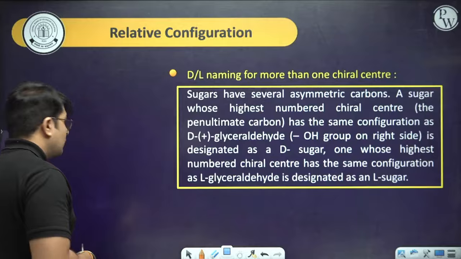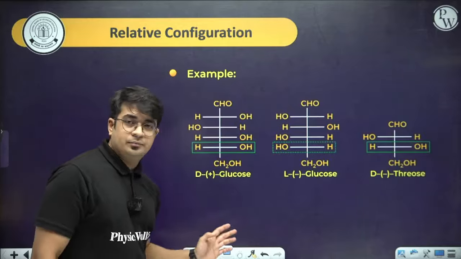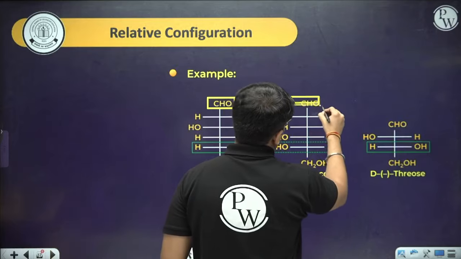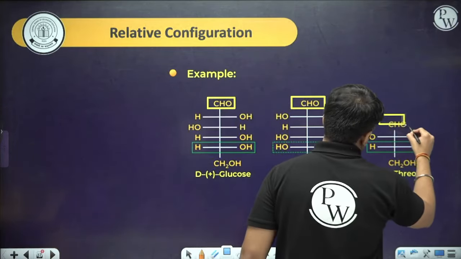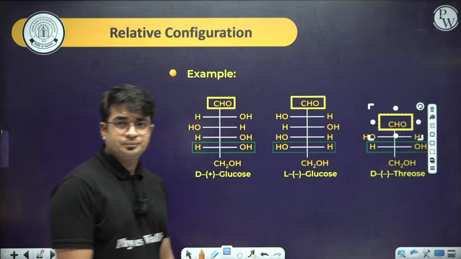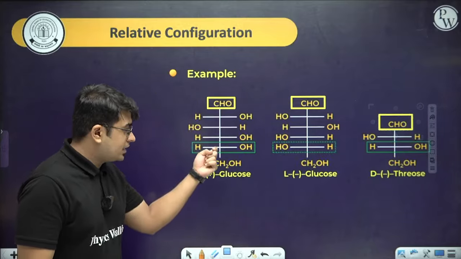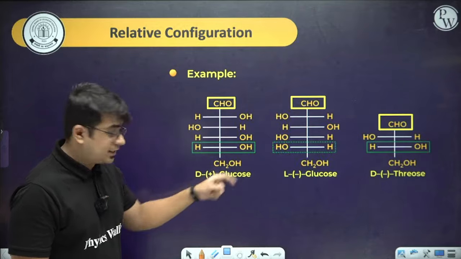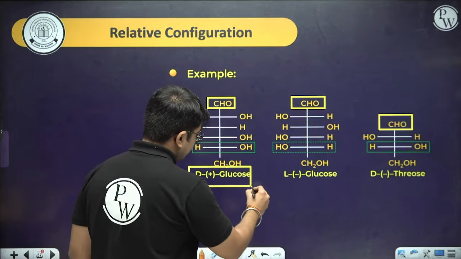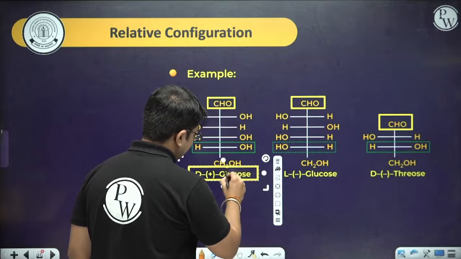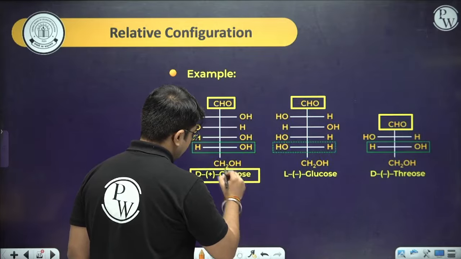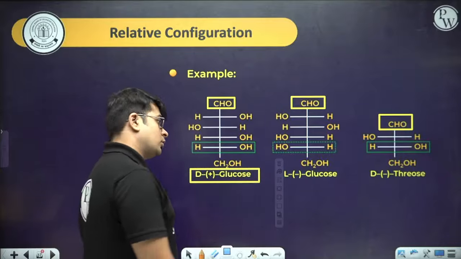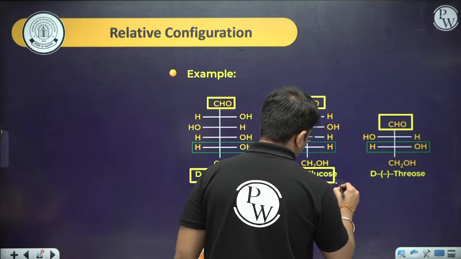Okay. So in this case, the most oxidized group is present on the top. Now I can see the highest chiral center, which is far from this group, is on the right hand side. Definitely it will be D configuration. In this case, it is present on the left hand side, so you can say yes, it is L configuration.